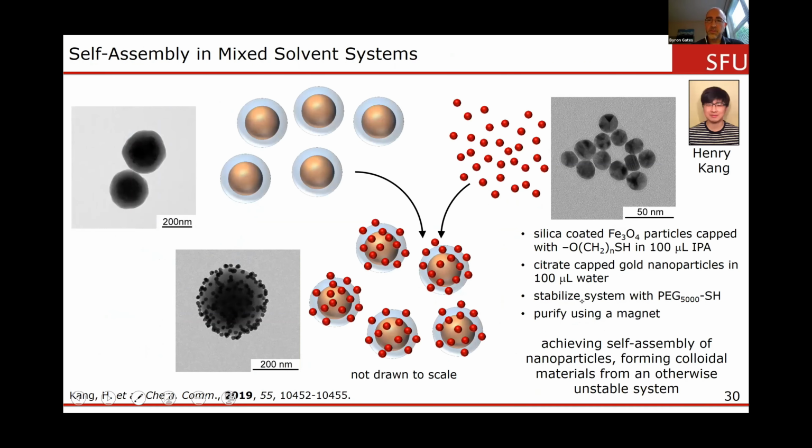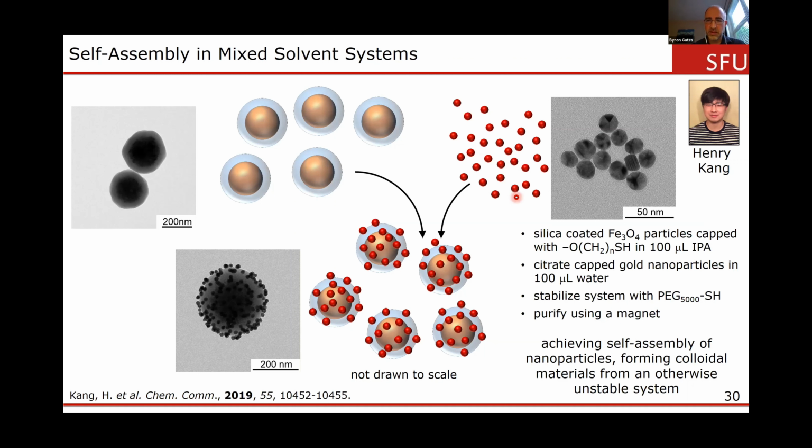Probing that further, we take these core shell particles and combine them with gold particles, and each is soluble or dispersed in opposite solutions. One is the iron particles in an IPA solution, and the gold is in an aqueous solution. If you combine the two together, they will crash out as an aggregate in solution.